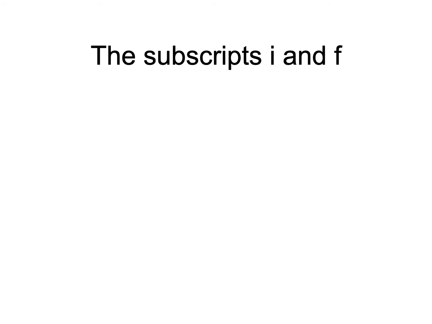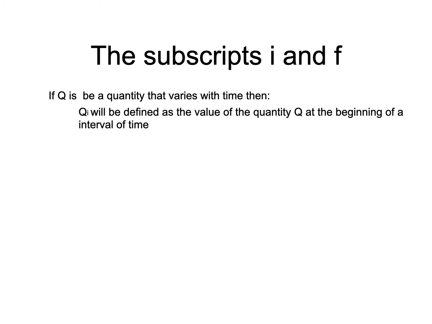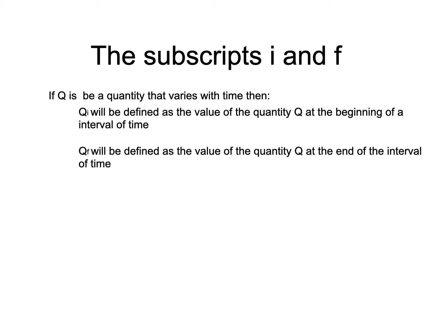The subscripts i or f can be added to the variable names of quantities that vary with time. They are abbreviations for initial and final, respectively. If Q is such a quantity that varies with time, then Qi refers to the value of the quantity Q at the beginning of the time interval, Qf refers to the value of the quantity Q at the end of the time interval.